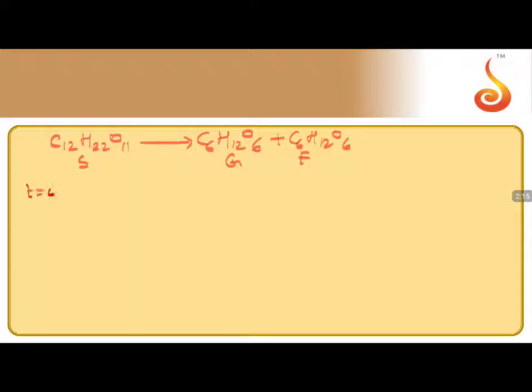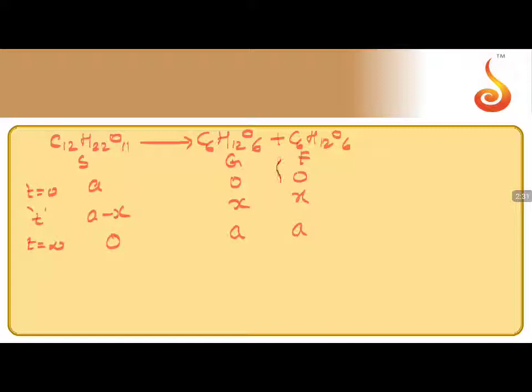So at time t equal to 0, this is A, 0, 0. At some time t, this becomes A minus X, X, X. But at time t equals infinity, this becomes 0, A, A.